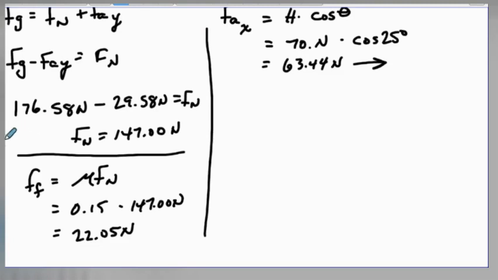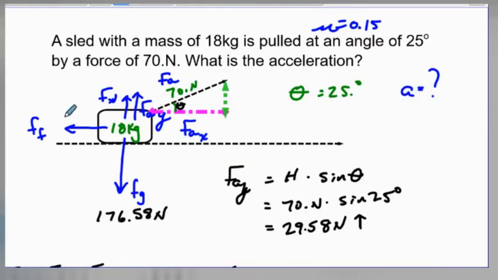Okay, so once again, I now know that this force right here, I'm going to round that off to 22, and I know that this force over here is 63. By subtracting those, I'll find my F net.